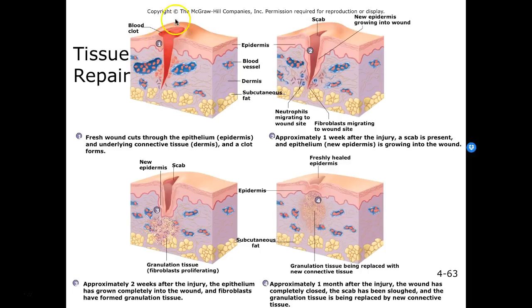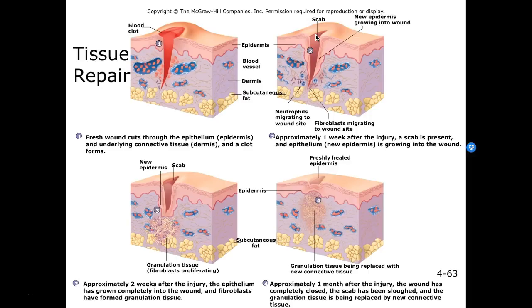The first thing that's going to happen is your wound will fill with blood, and that blood will begin to clot. That clot contains a protein called fibrin that is assisting in bringing the edges together, starting from the bottom and moving its way up. As this clot dries, we're going to form a scab at the very top surface.